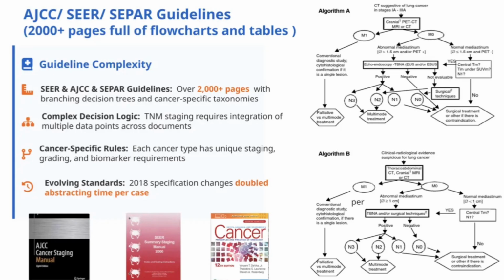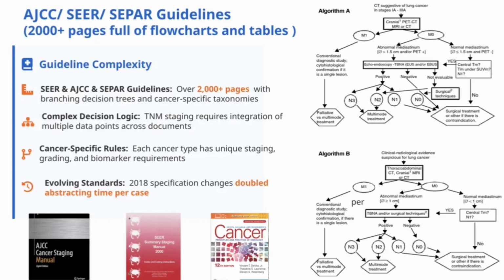That's why certified tumor registrars are highly trained, and they need to spend so much time following the rules in these flowcharts. And also each cancer type has its own rules for staging, grading, and biomarkers. On top of everything, in 2018, the specifications changed drastically, I guess.